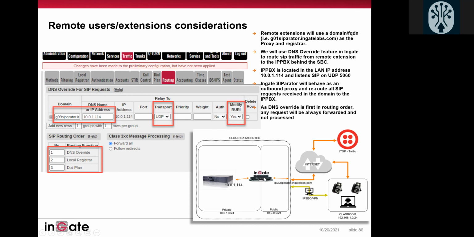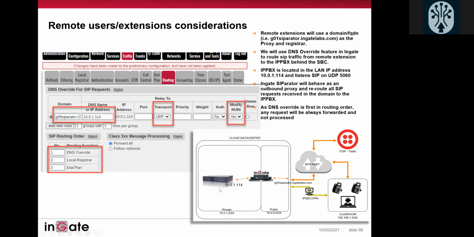The Ingate is going to be your border element for all purposes of security, filtering, etc. And the PBX is going to think that the phones are local because the IP address where those phones are registered from will be shown as the Ingate IP address. So that's what we are trying to do.